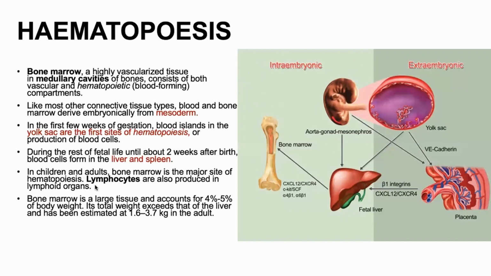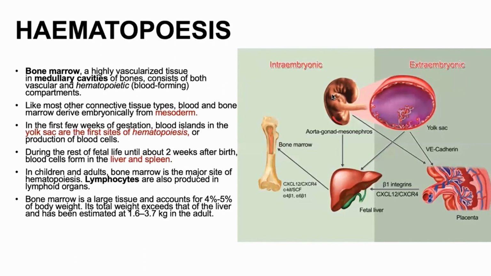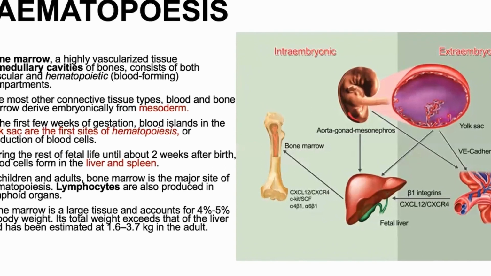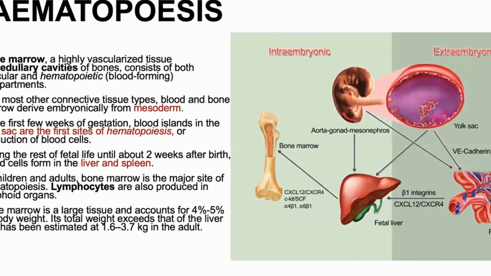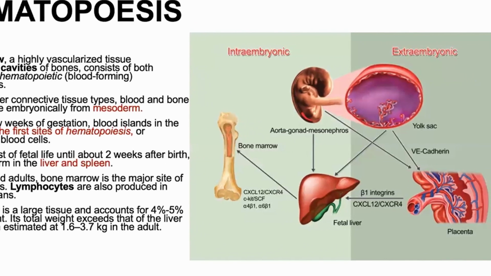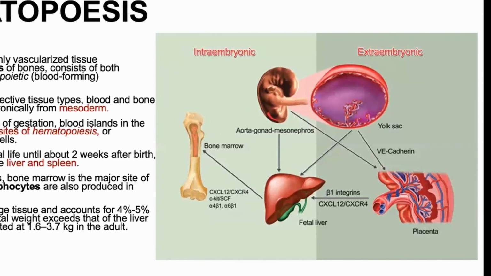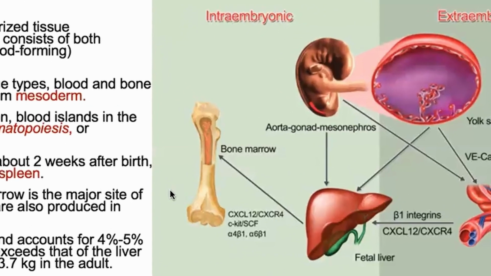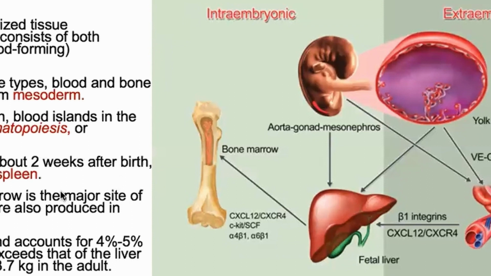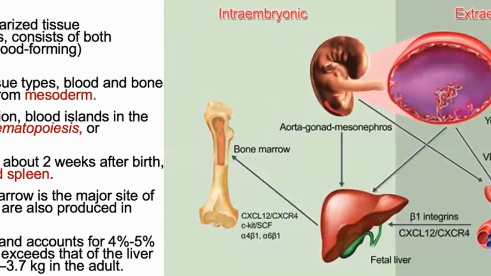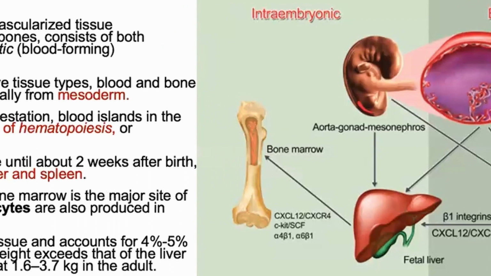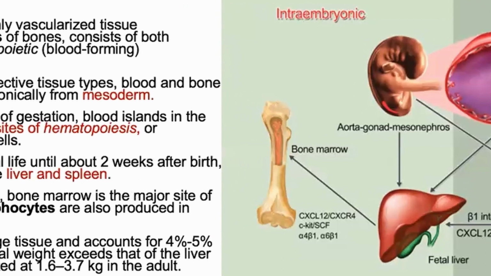So here we have bone marrow. You have intraembryonic and extraembryonic hematopoiesis. This just means that at a certain point in your life, when you were being conceived, we already know the blood cells are mostly formed in the bone marrow. The difference, though, is that during early life, until about 2 weeks after birth, the blood cells are synthesized in the yolk sac.